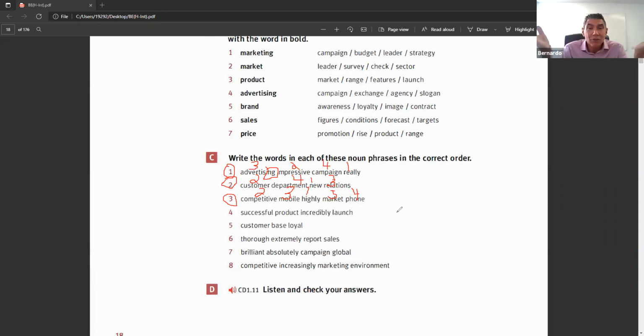I can say it like that, sure. So I'm just changing the adjective to describe this phone market. That's what you want to remember. There has to be a noun or a head noun that work together. Phone market.